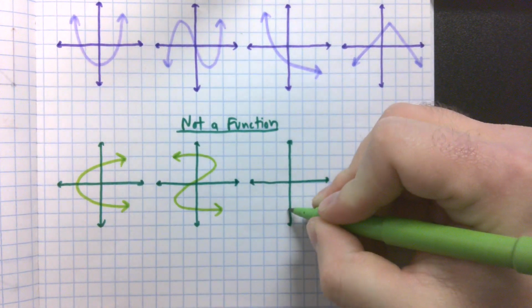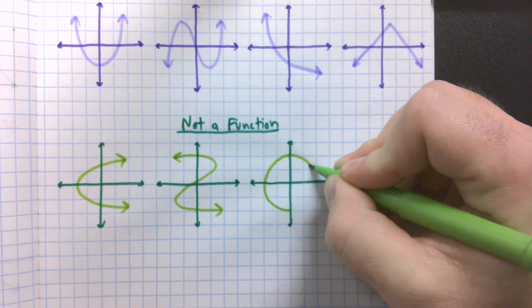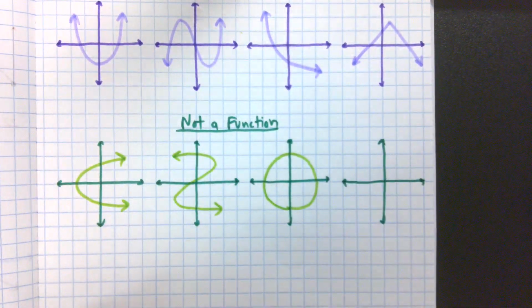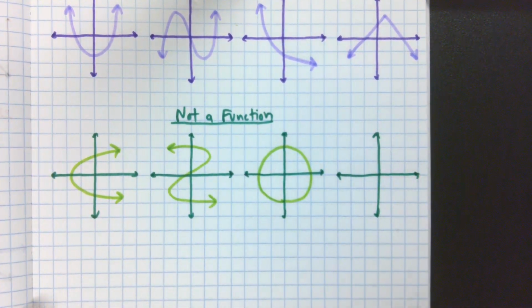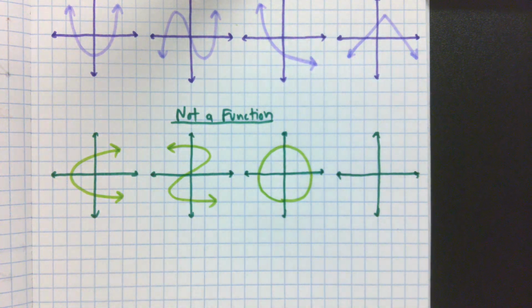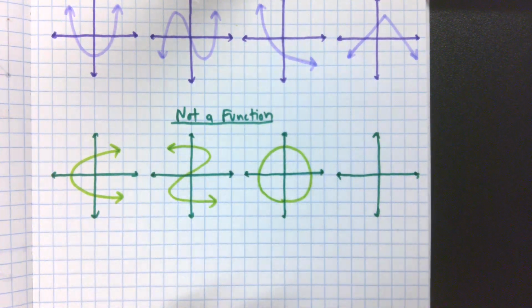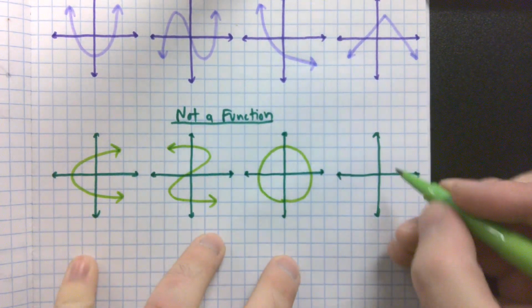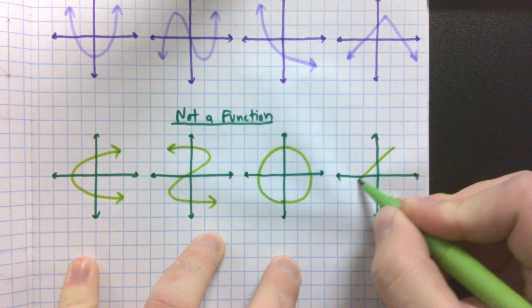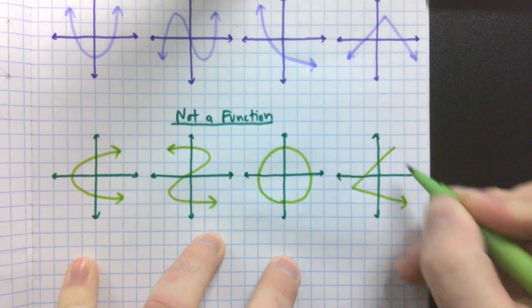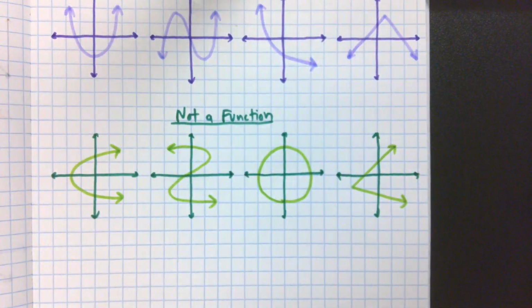The next one we've got, nice and easy, is a circle. That circle is not a function. It's just a regular circle. And finally, if we have something like this, that is not a function either.